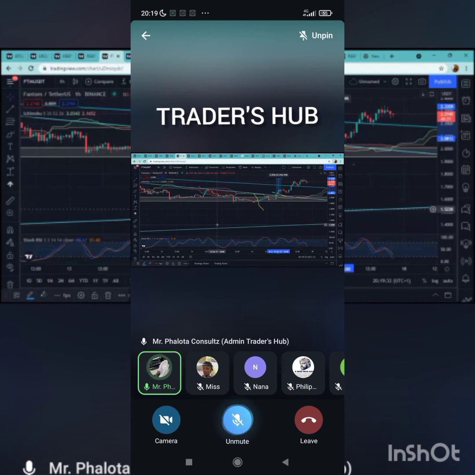Now you change your time to 1 hour. What you're looking out for is to see if around that candle that you marked, if it falls directly on top of the 1 hour cloud, doesn't matter if it's a green or red cloud. If you do, it's a signal.